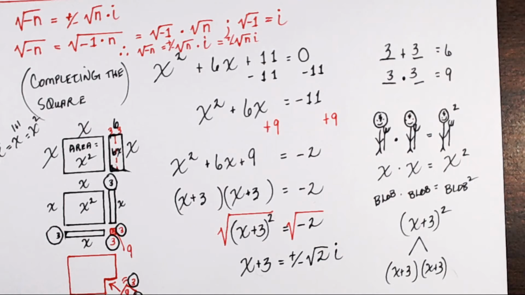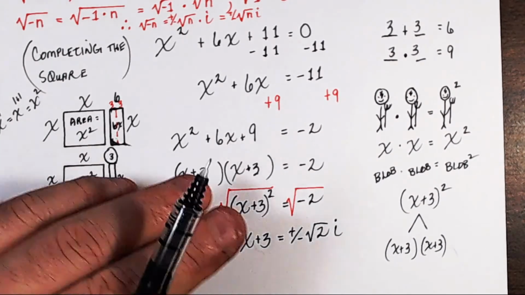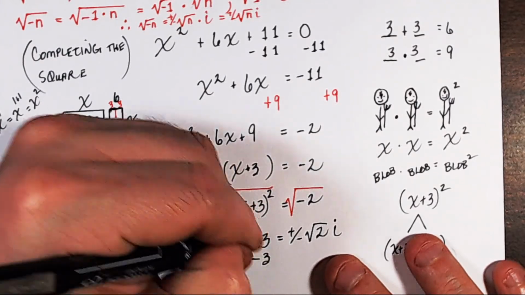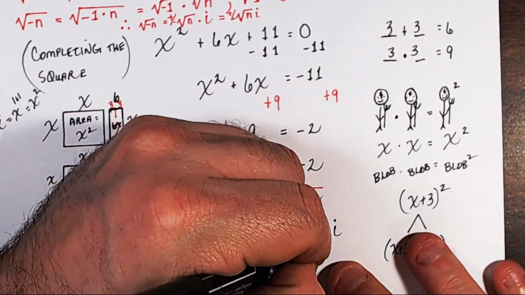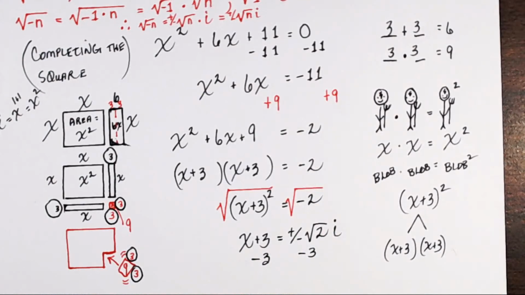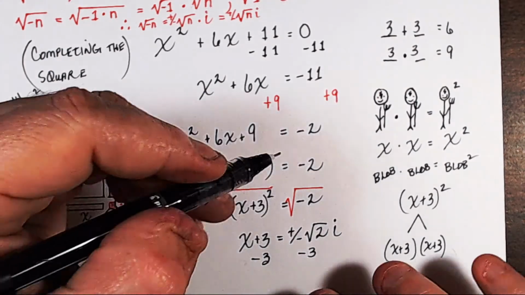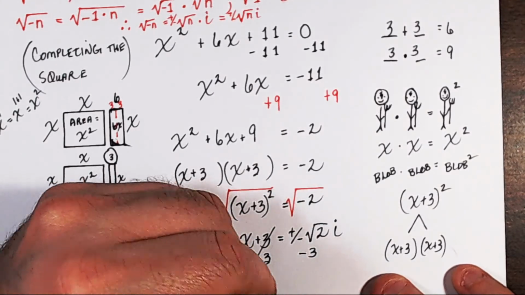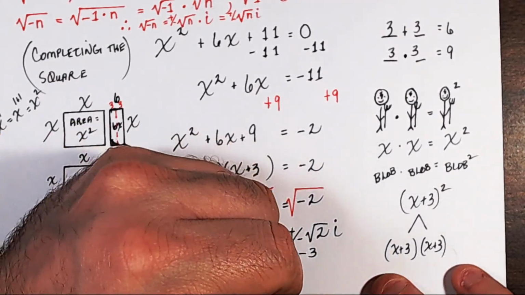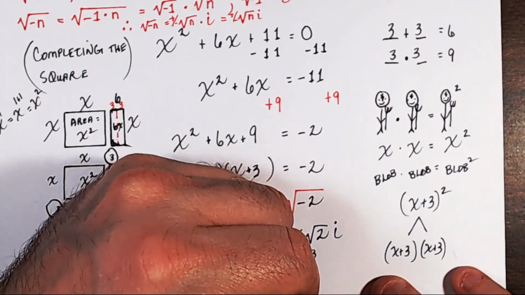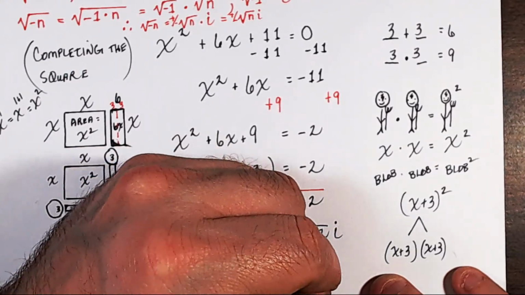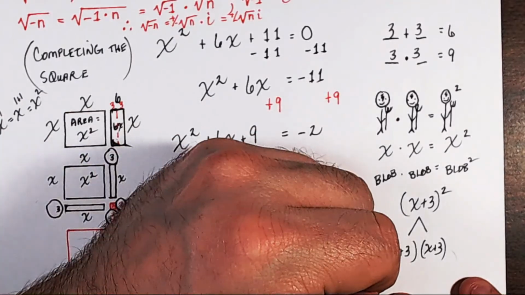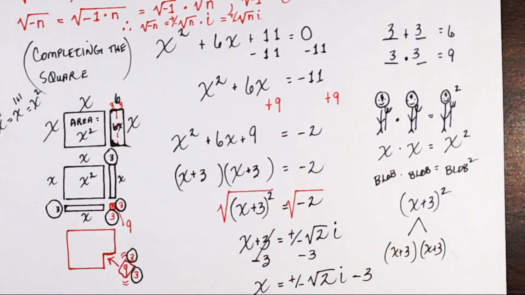Now the last thing I need to do is move my 3 to the right side. And on the left side, the 3's cancel, leaving x by itself. x equals plus or minus the square root of 2 times i minus 3.